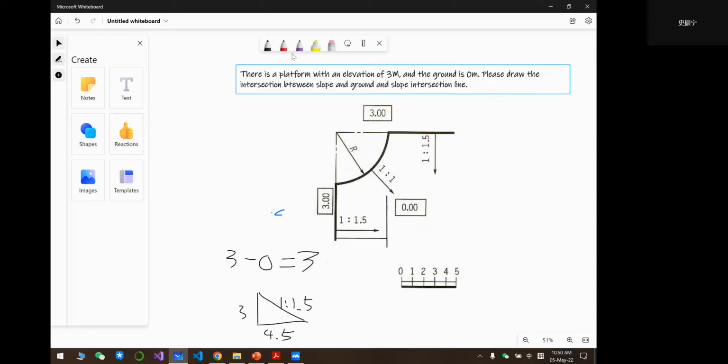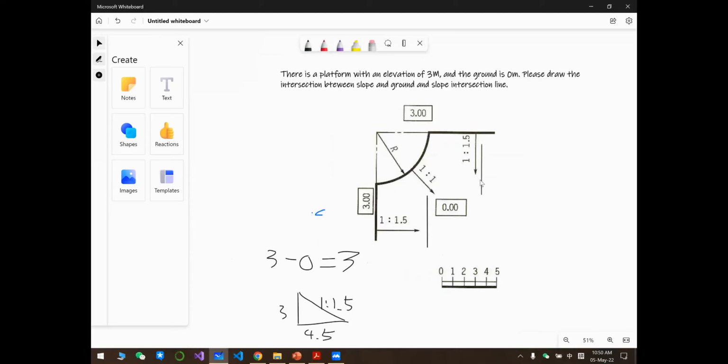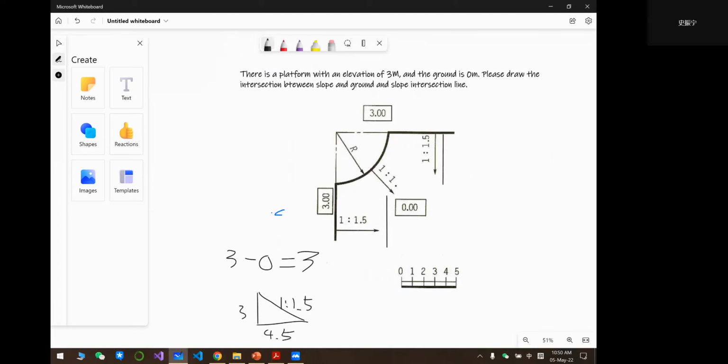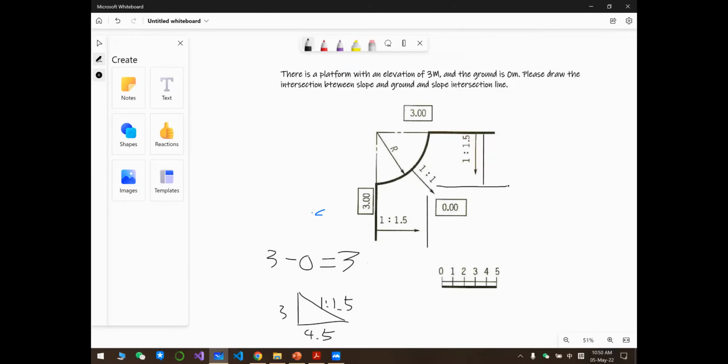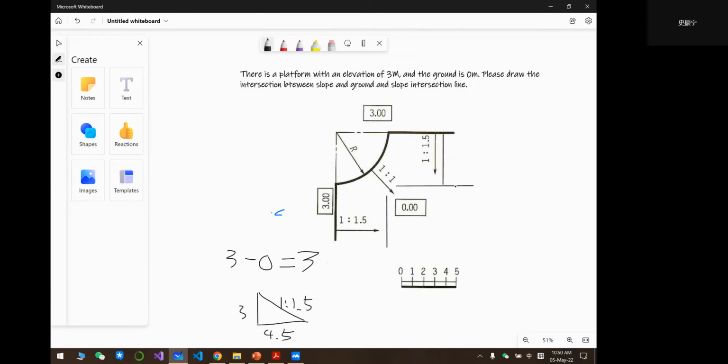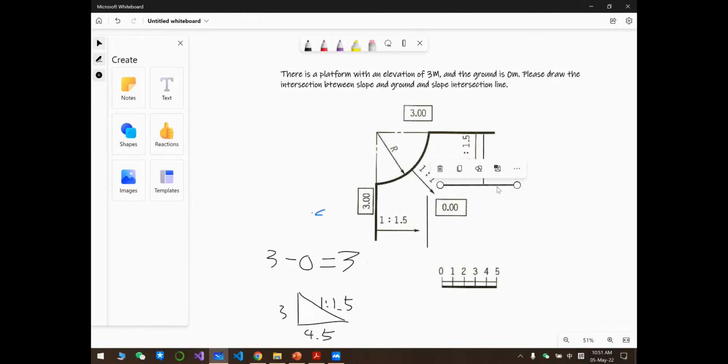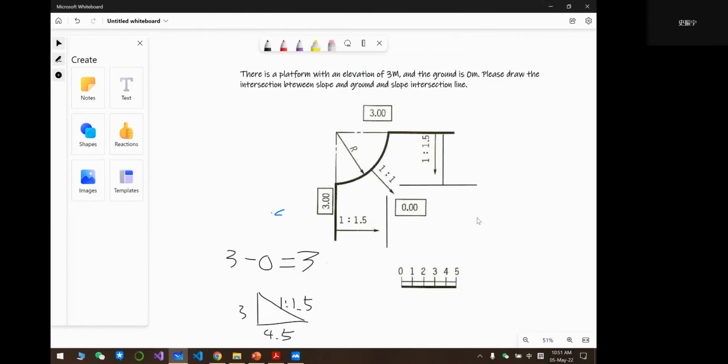And as for this one, it's the same. As for this circle, it's important for us to calculate the horizontal distance, because the slope is 1 to 1.